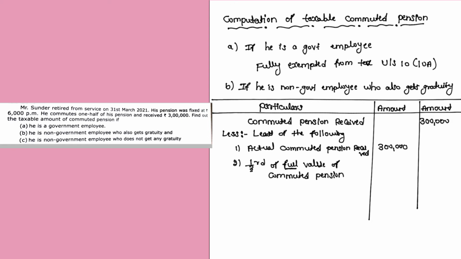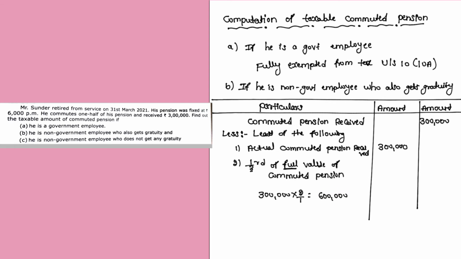So 50% pension they gave. We have to identify the full pension. Full pension: 3 lakhs into 1 by 2, we reverse it, that is 2 by 1. So you will get full pension 6 lakhs.